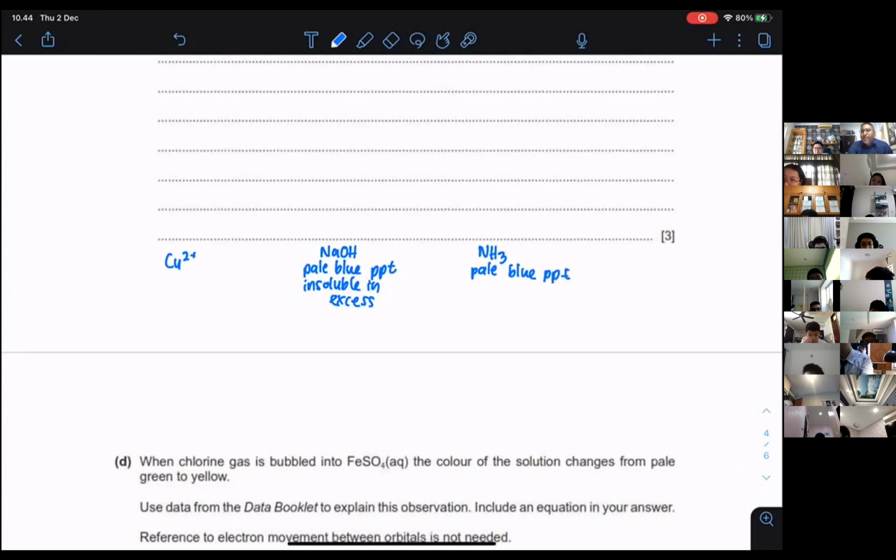Very important. Now we are going to use the 7 equations that we learned and apply them. But this pale blue precipitate, when you add ammonia in excess, will become soluble in excess to form a deep blue solution.